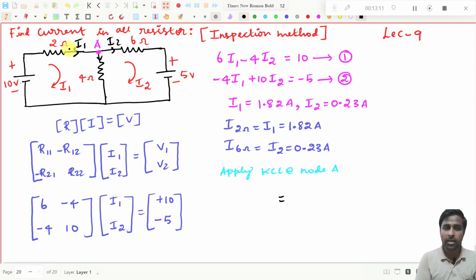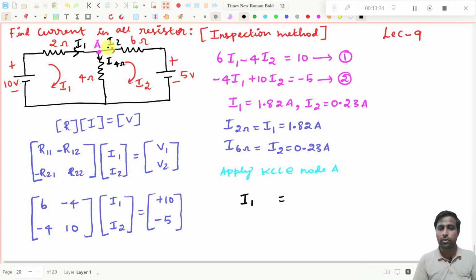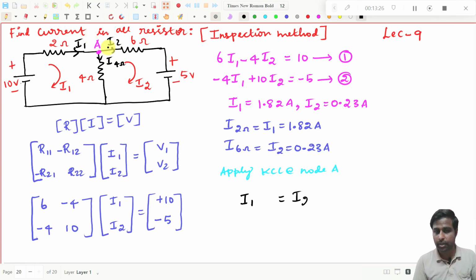Let me assume this is I through 4 ohms. You see I1 is coming towards the node, so I have to put it on the left hand side. And I2 is going away from the node, so I have to put it on the right hand side. And I through 4 ohms is also going away, so this will be I through 4 ohms.